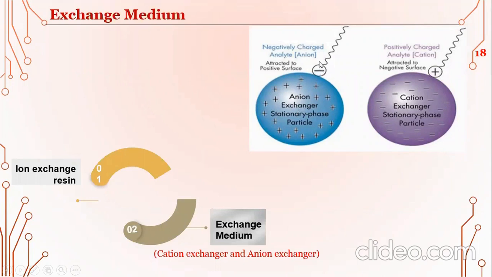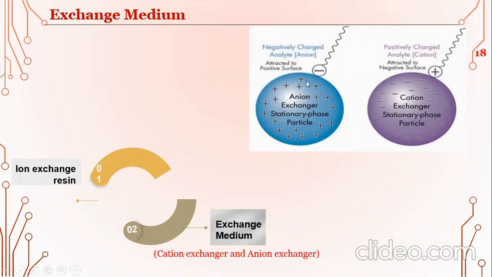So this will exchange the negative charges, so the negatively charged molecules will bind there. That is a stationary phase particle. This is also a stationary phase particle, so it will contain positive charge, but it will exchange negatively charged molecules, so anions will bind there.